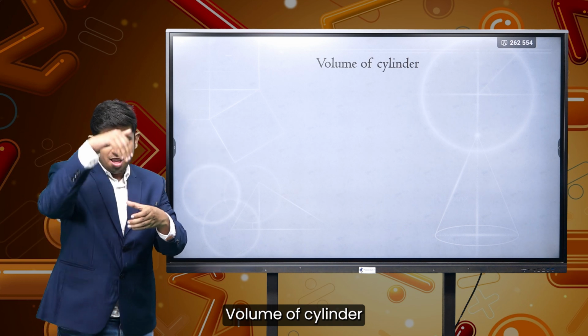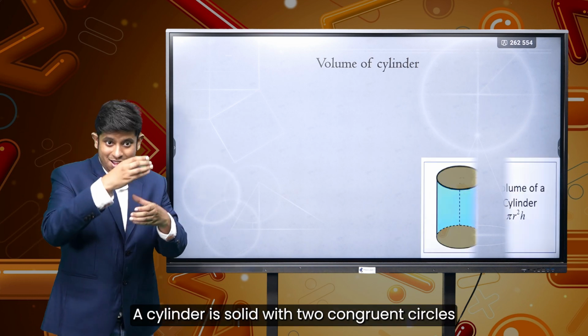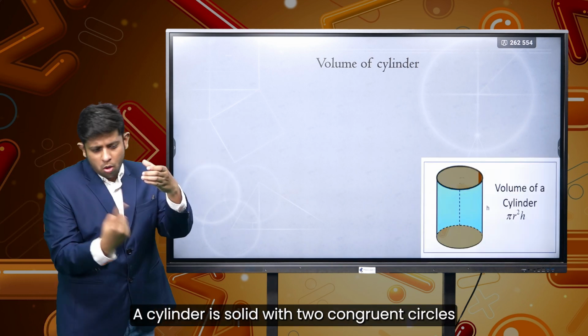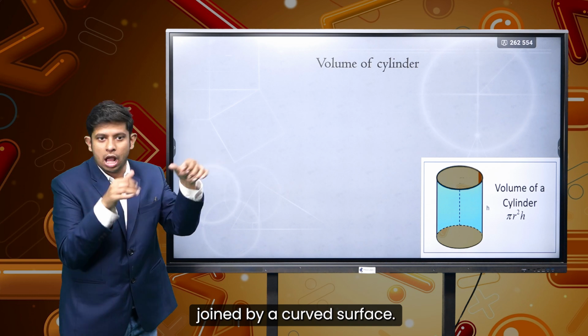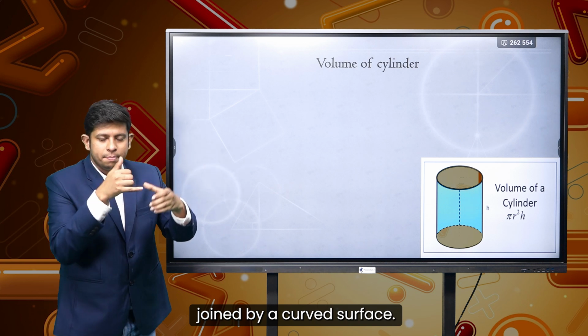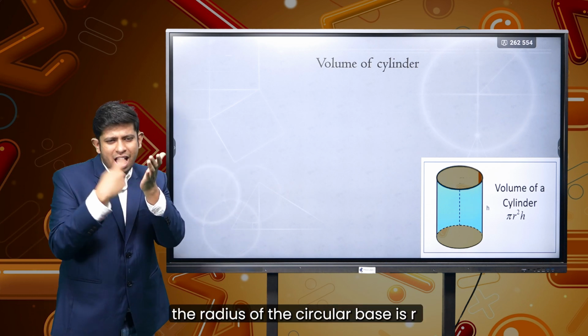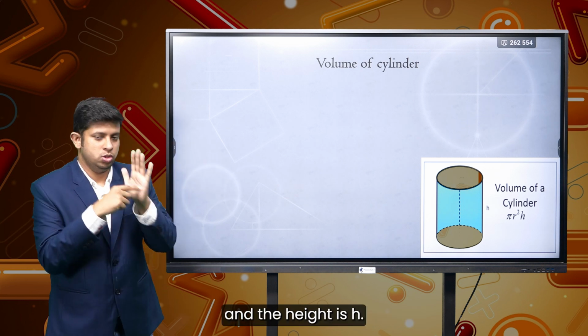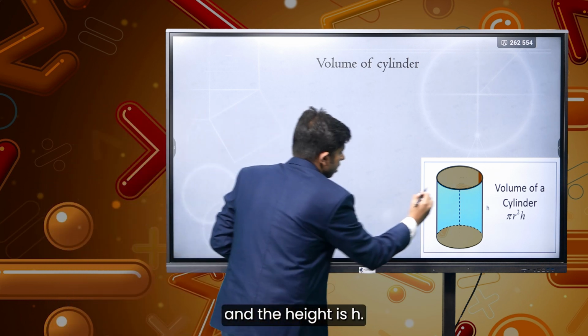Volume of cylinder. A cylinder is a solid with two congruent circles joined by a curved surface. In the above figure, the radius of the circular base is r and the height is h.